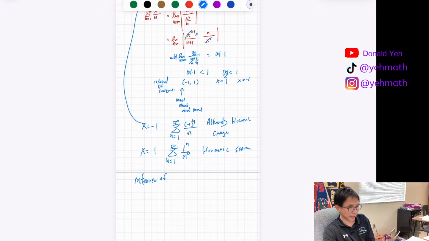Yes. Okay, I thought you read something else. The interval of convergence is going to include -1, but not include 1. This is the final answer. Including -1, but not including the other one. But you have to test the endpoints to make sure that's true.